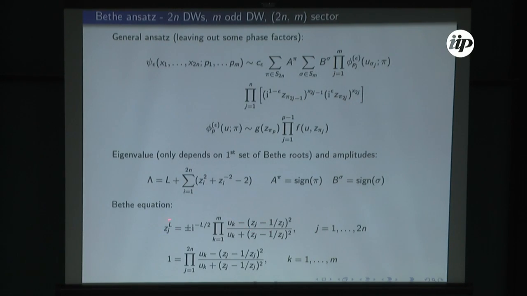Yes, so this is the first level, and here the product runs over all the u's, so all the nested Bethe roots. And in the second, the product runs over all the z's.